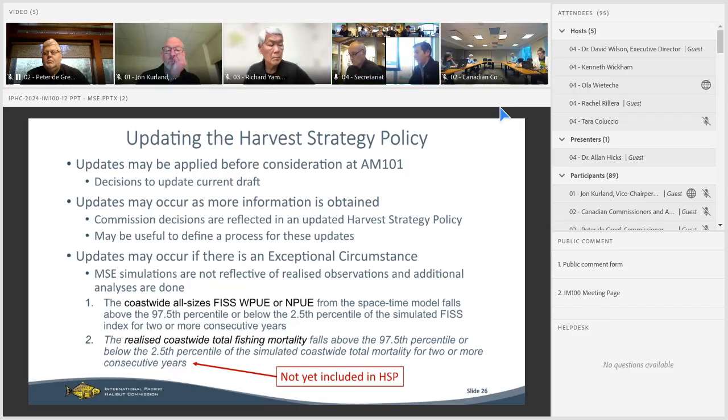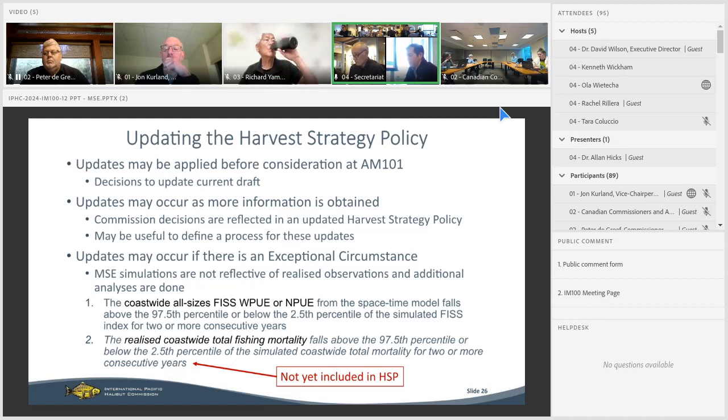And then another part of the process, and the draft harvest strategy policy talks about exceptional circumstances. And these are cases where the MSE simulation results are not on track; something's not right, we need to fix this, let's go back and take a look.